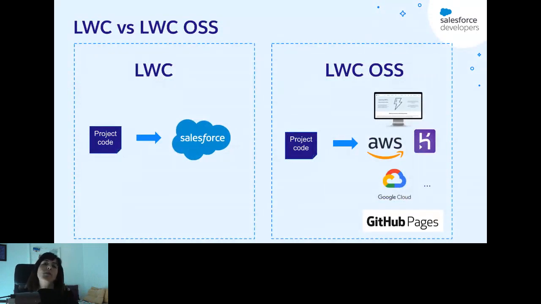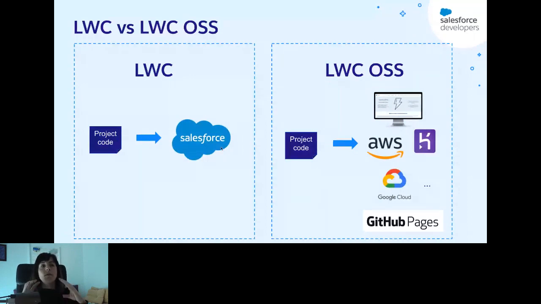So, okay, when you develop on the Salesforce platform, and you have a project with some Lightning Web Component files that you want to run in your organization on the platform, what you normally do is push or deploy your code to the organization.